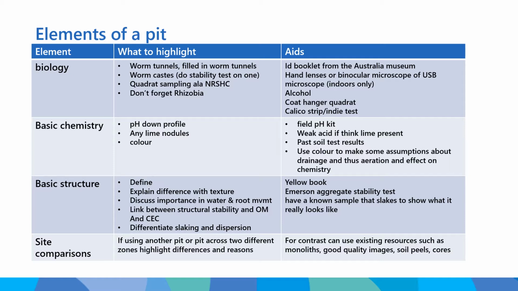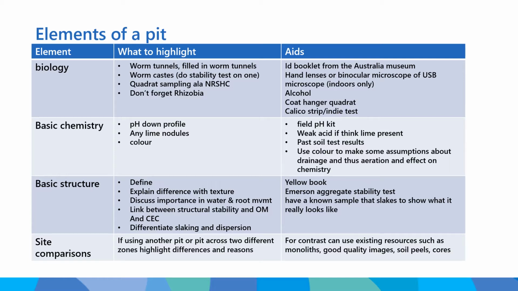But that requires a little bit of pre-work on your part in terms of burying the calico strips up to 6 weeks beforehand, depending on rain, which you can then show how that's been degraded by the biology in the soil and where in the soil it happens. So you would expect there to be a lot more activity in that surface area, but there's bits of information on the internet about how to carry that out properly.